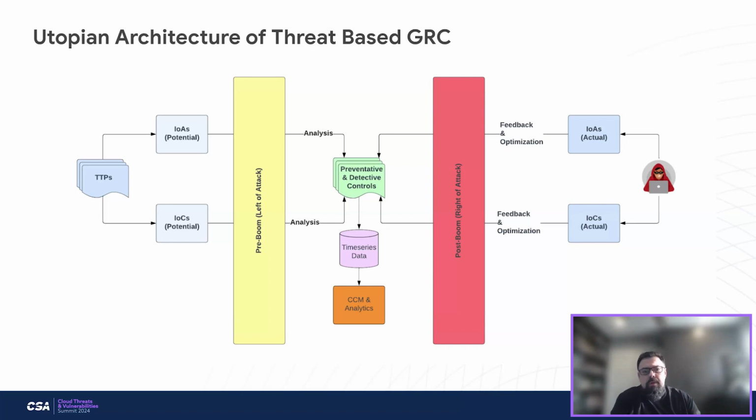Which has two aspects to it. One, it drives the way that the controls are designed, but it also helps create a monitoring framework that's potentially more aligned with the real-life scenario, right? And that's what you're seeing on the left side. It's the pre-boom, the hypothetical, almost the let's consume what's public knowledge and what's available.